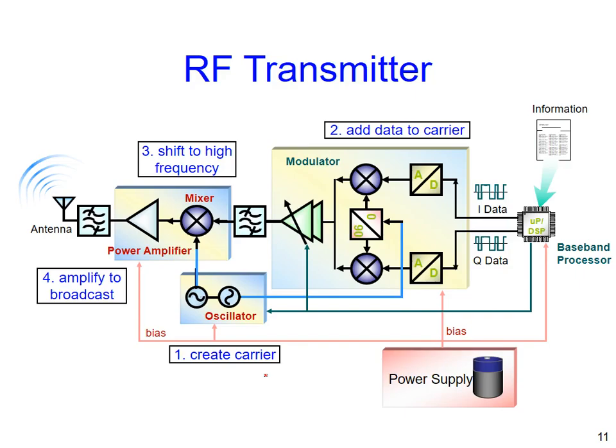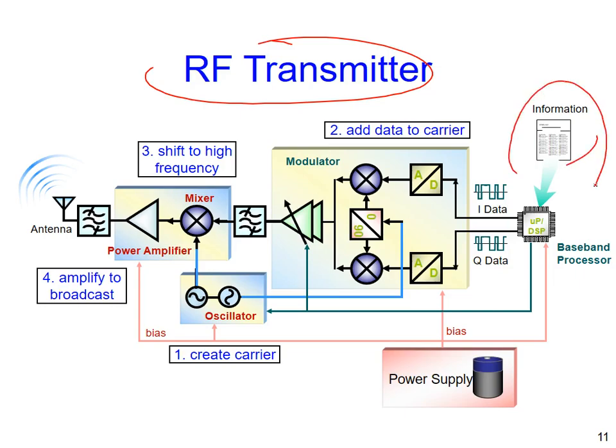Anyway, for such an RF transmitter, how can you transmit the content? Never mind whether it is voice or data or your Line, your Messenger. Originally, the information is in the digital domain.